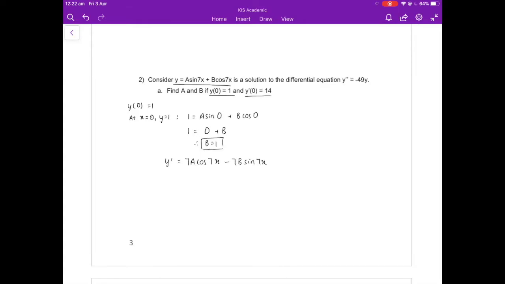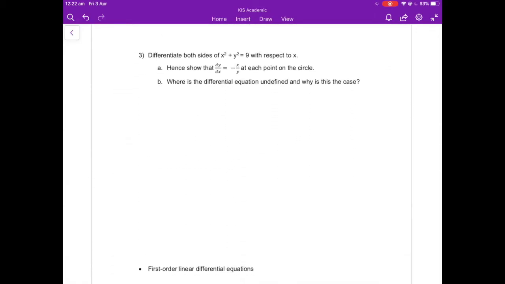And now I know that at the point x equals 0, y' equals 14. 14 equals 7a cos 0 minus 7b sin(7 times 0), which is also 0. 14 equals 7a times 1, which is 7a, minus 0. So a equals 2. And those are the correct answers.